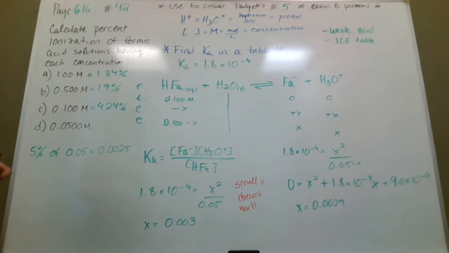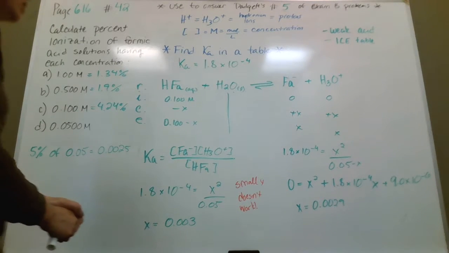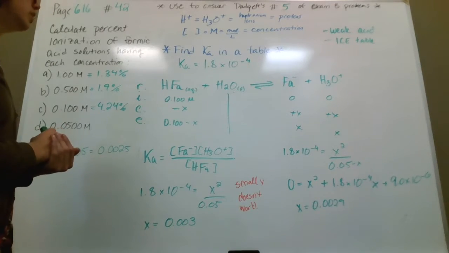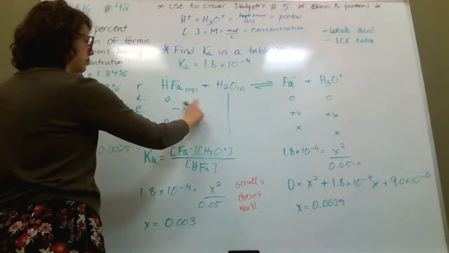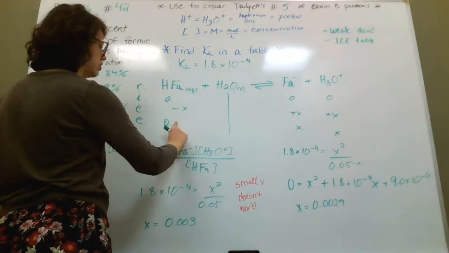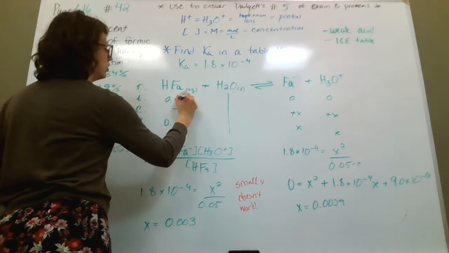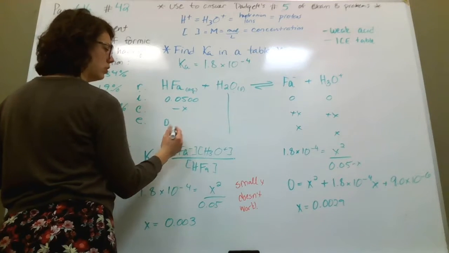Okay, and for D, we use the same ICE table, and we use the same Ka that we found in the table in our book. That didn't actually change the values.